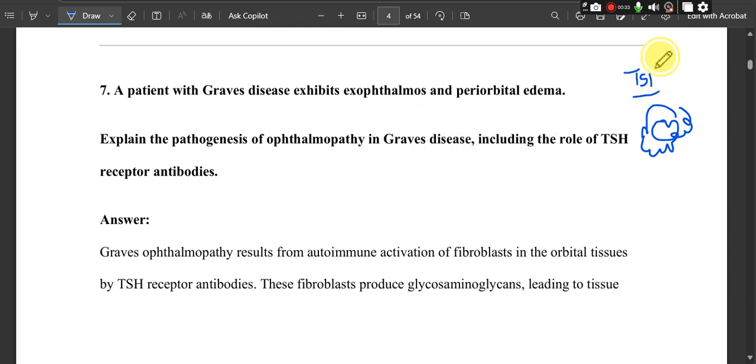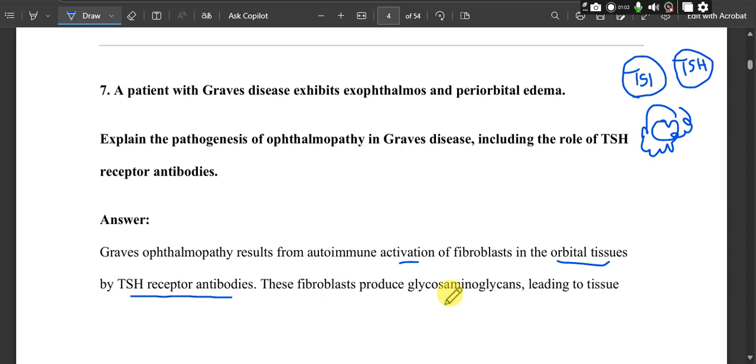But these same TSI have the same structure as TSH, so they basically bind on the same receptors, and it so happens that the orbital tissues, the eye tissues, especially at the back, are activated as a result of these TSH receptor antibodies.